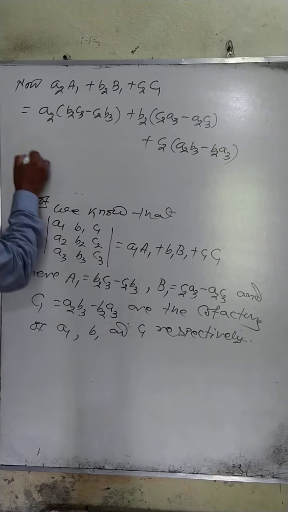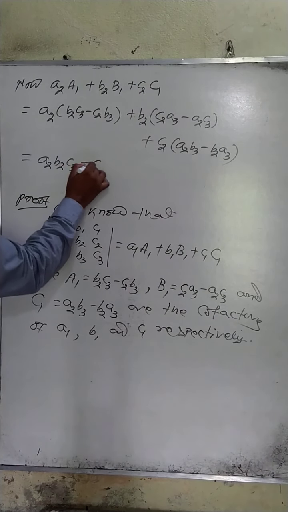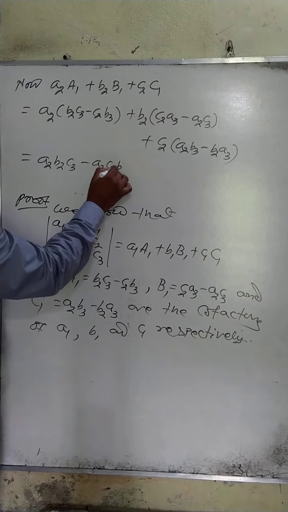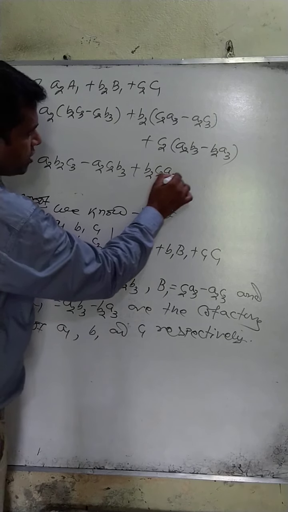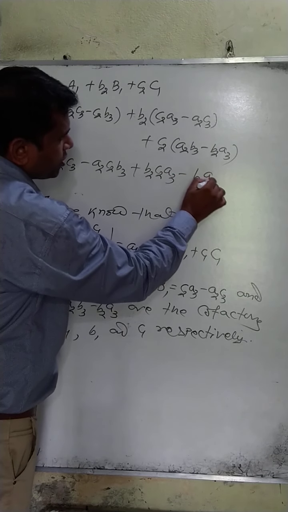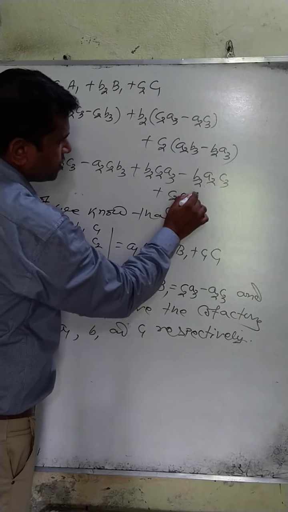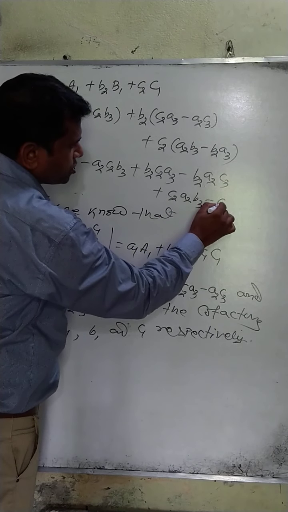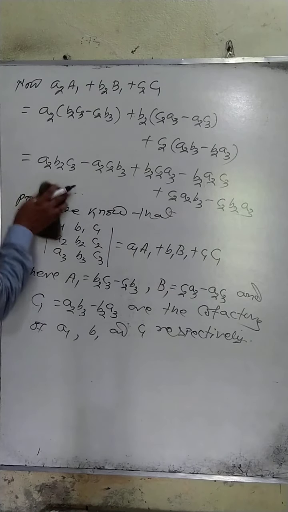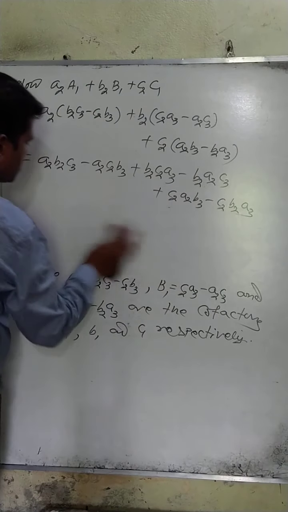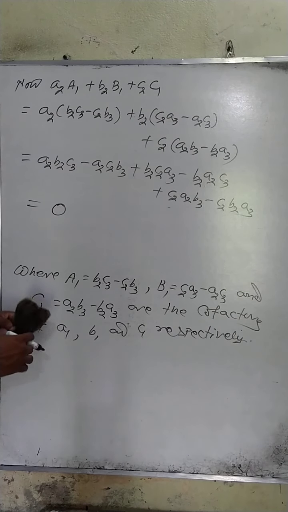Okay, that equals A2 B2 C3 minus A2 C2 B3 plus B2 C2 A3 minus B2 A2 C3 plus C2 A2 B3 minus C2 B2 A3. Okay, all terms are cancelled, we get 0.